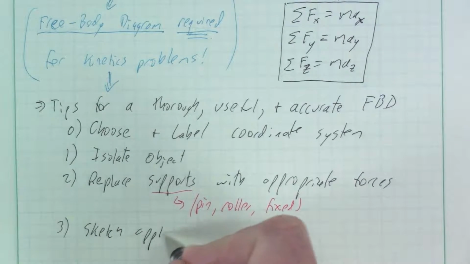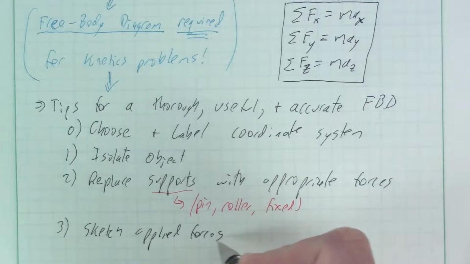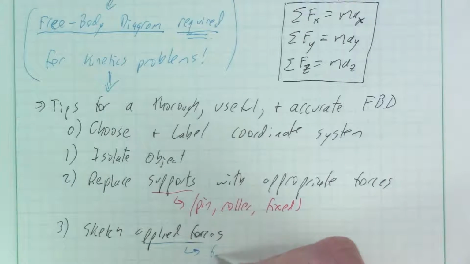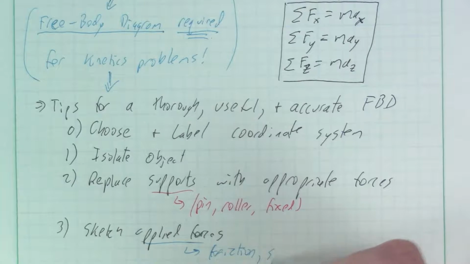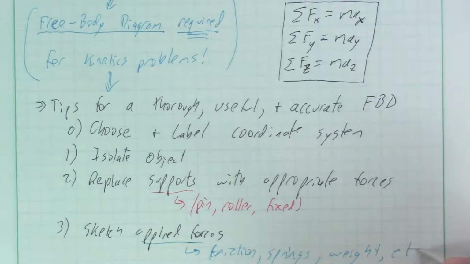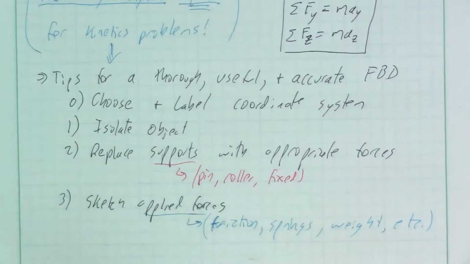sketch the applied forces. Okay, these forces could come from friction. Actually, that one we often neglect. We could have a spring force. We could have the weight due to gravity. Whole bunch of other ones, right? We're going to actually talk about some particular forces as we go along here.